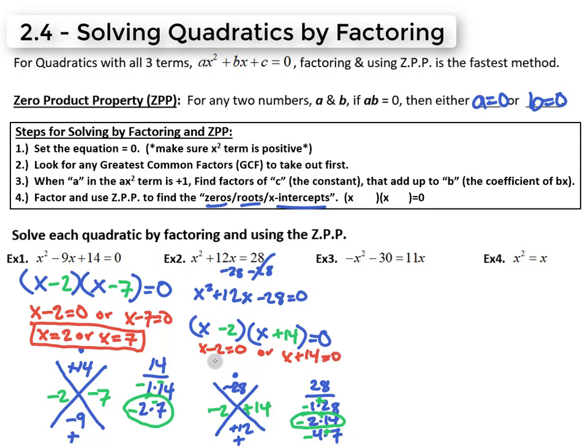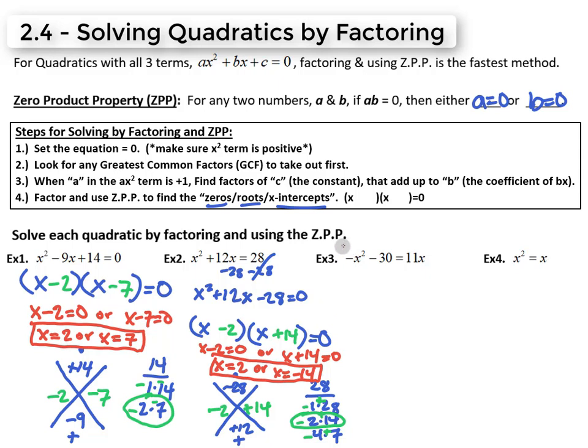So if I set each equal to 0, I get x equals positive 2 or x equals negative 14. So our two solutions, the two values that make that original equation true back up here, are positive 2 and negative 14.